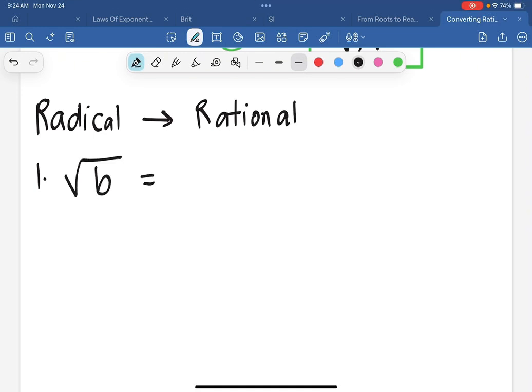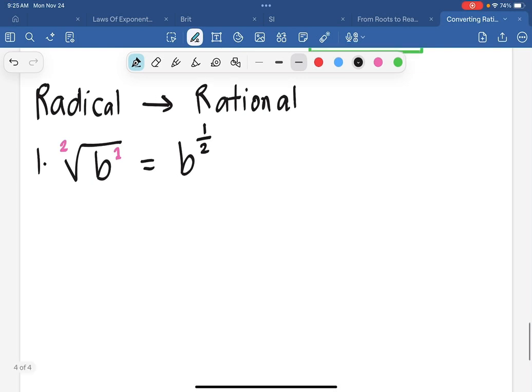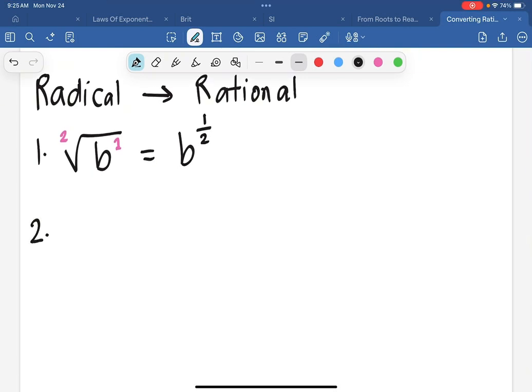As you can see here, the exponent of b is an invisible 1. And again, this is a square root, and square root is linked to an invisible 2. So we could just write this as b raised to 1/2. And that's it.